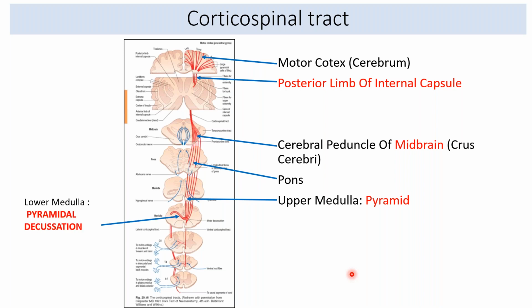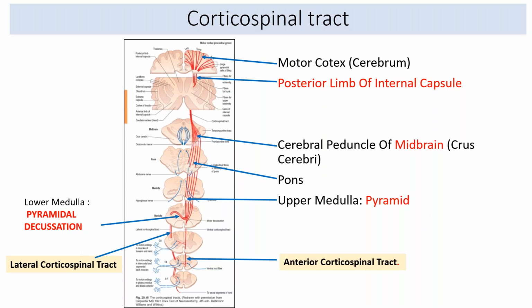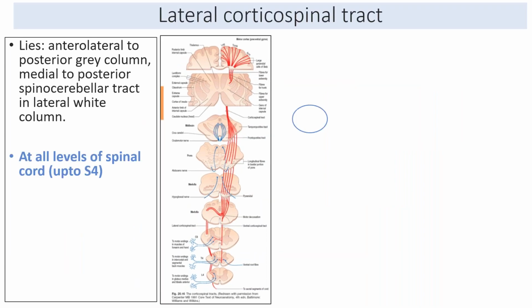And in the lower medulla, it decussated, crossed to the opposite side at the level of the lower pyramid, showing the pyramidal decussation. And 70 to 90% of fibers which descended down contributed to the lateral corticospinal tract, and the remaining 5% which remained on the same side formed the anterior corticospinal tract.